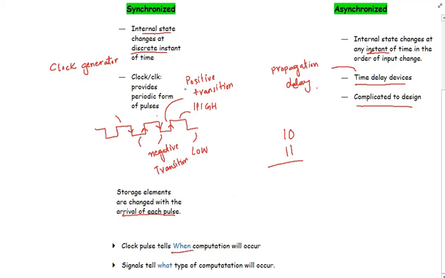For example, if computation occurs only at the high signal level, then whenever the clock goes to active high, these numbers can be added. Otherwise, these numbers will not be added. So the clock defines when computation will occur.